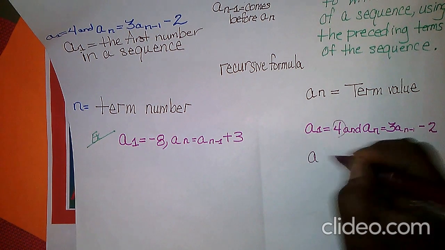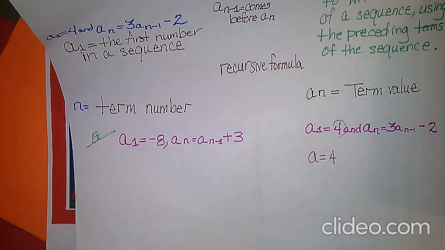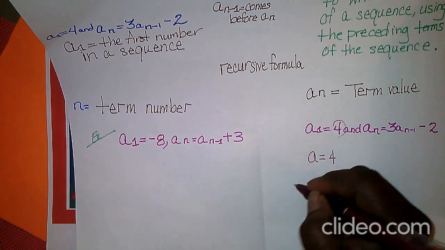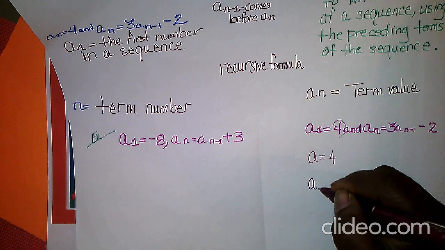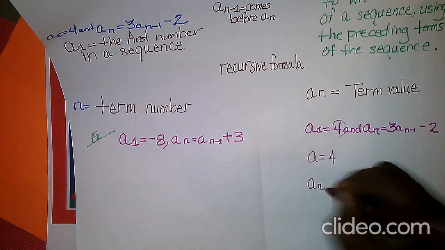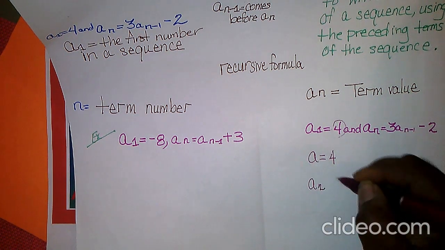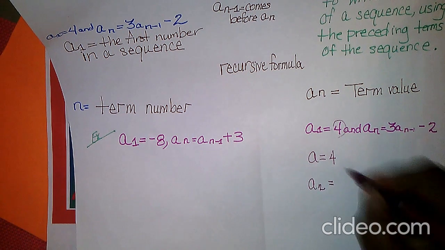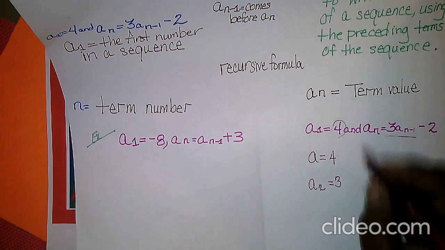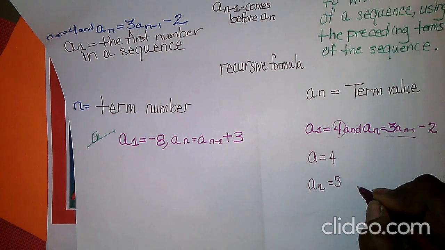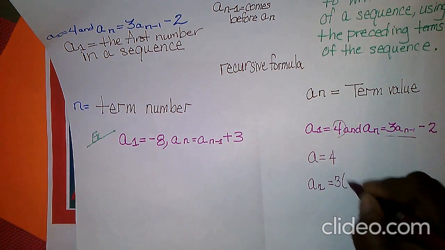So A1 equals 4. Now, to go further with that, here's our formula. We have A2 equals 3, which is our formula. And here's our formula right here. And then we're going to plug in the A, which is 4.